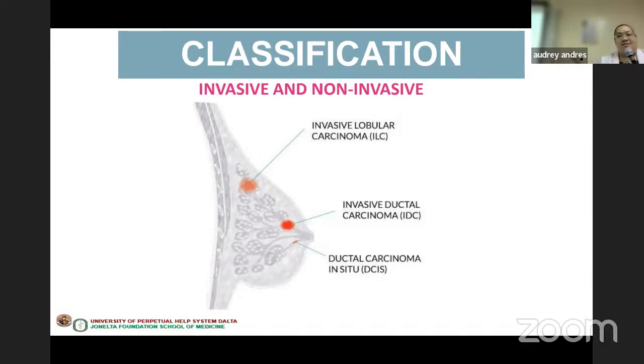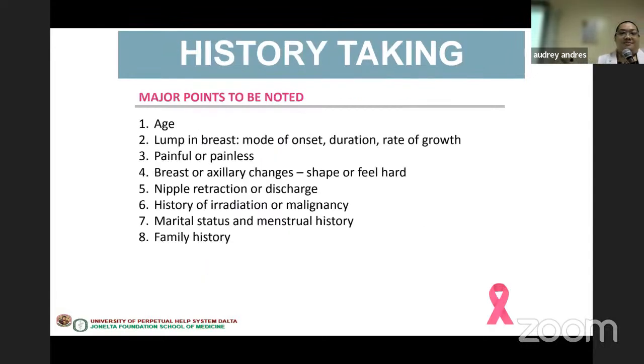So this is where usually it grows. Some history taking, of course: you look at the risk factors, age, you look at the location of the breast, size, the PQRST of the mass, if it's painful or painless, hard or soft, is there discharge, is there history of radiation or malignancy, marital status, pregnancy status, menstrual history, family history.